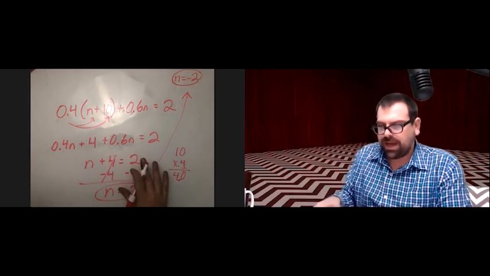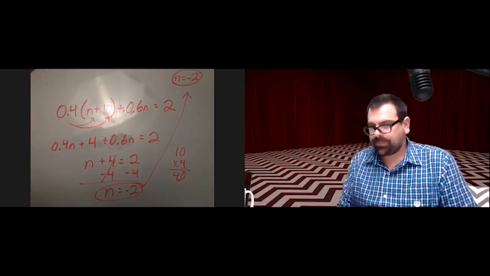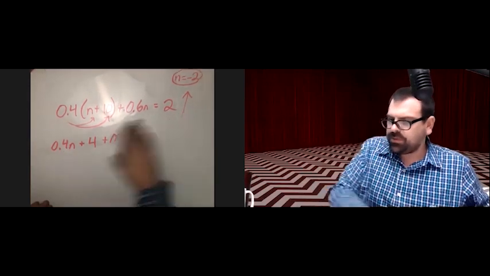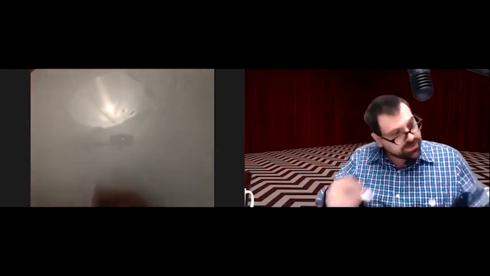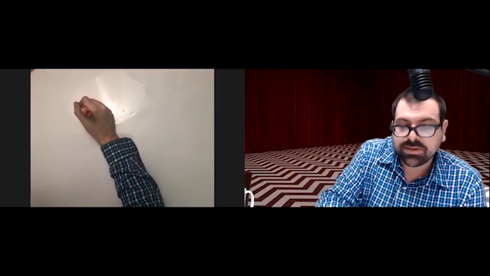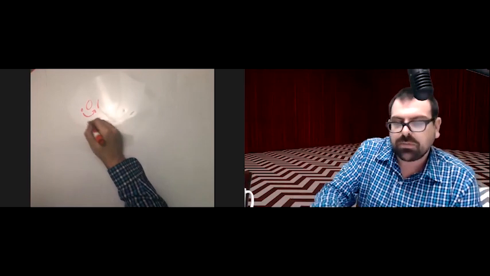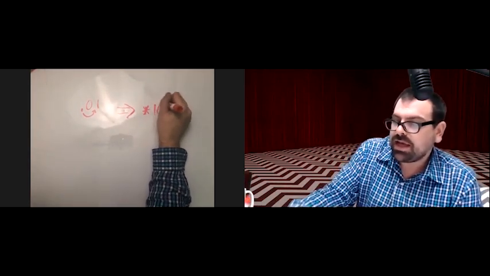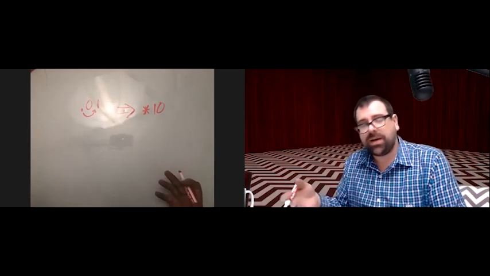So this one wasn't so bad because it worked out to adding to a whole number. But you can see we do get the same answer whether we shift decimal points or not. The reason it all has to be the same number is because moving a decimal point one place to the right is the same as multiplying by 10. 2 places, multiplying by 10 again, so multiplying by 100.